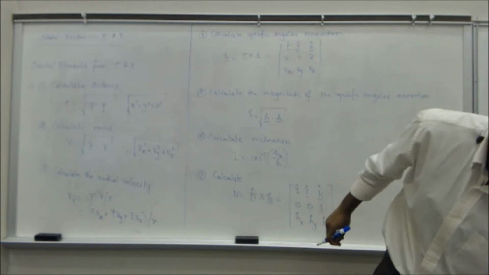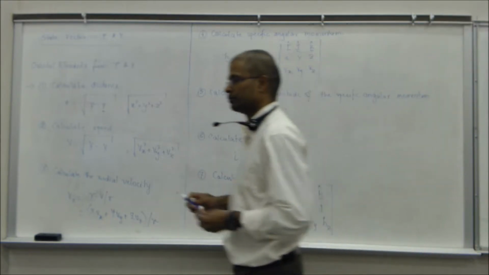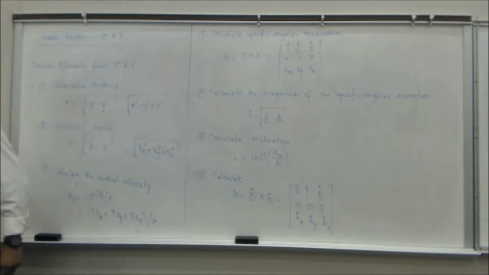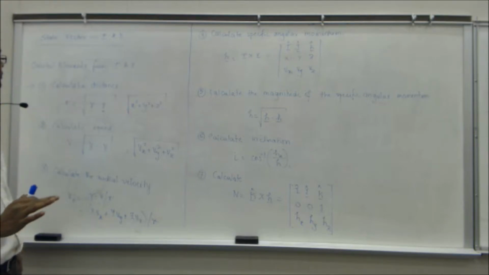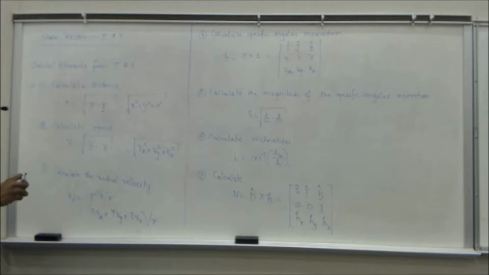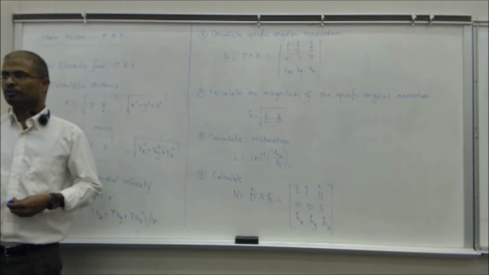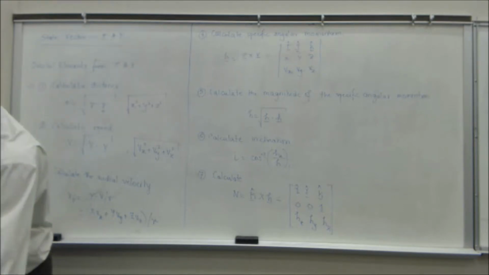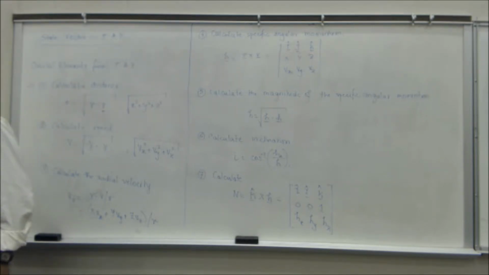All right, let's take a look at what we are doing here. You are given R and V in the ECI frame. What is the ECI frame? Let me pull up the figure again.